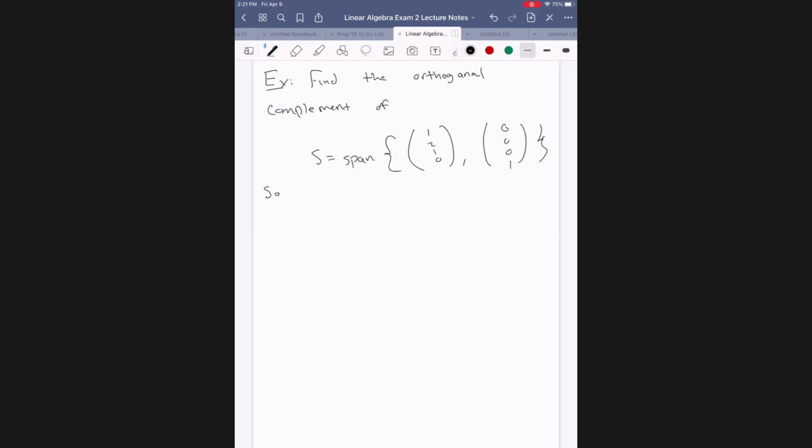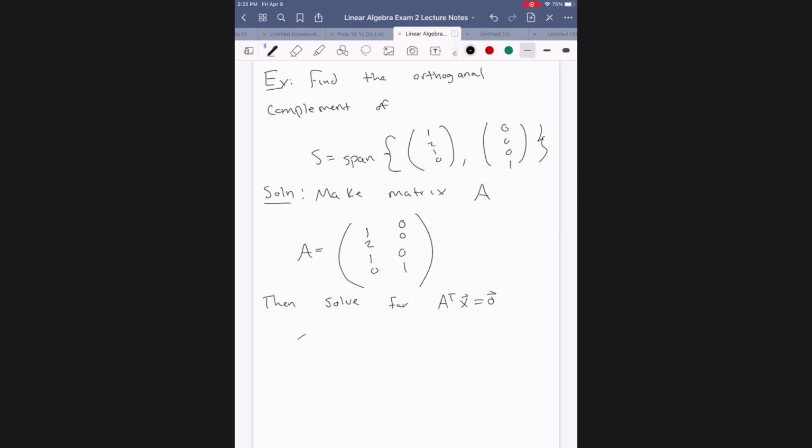Solution, according to what I just said: make a matrix A consisting of those vectors, then solve A transpose x equal to 0.